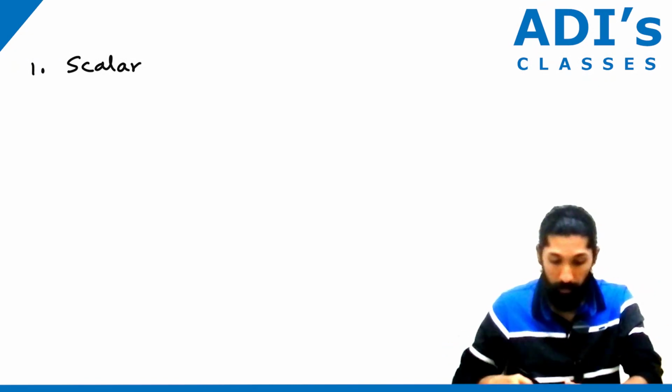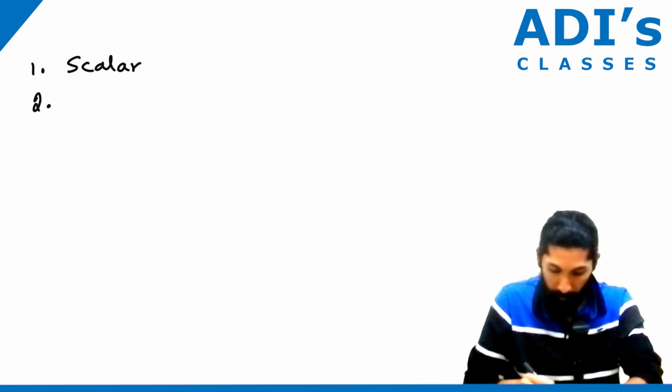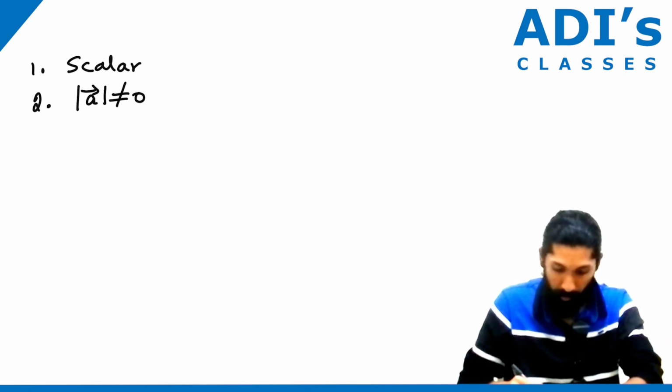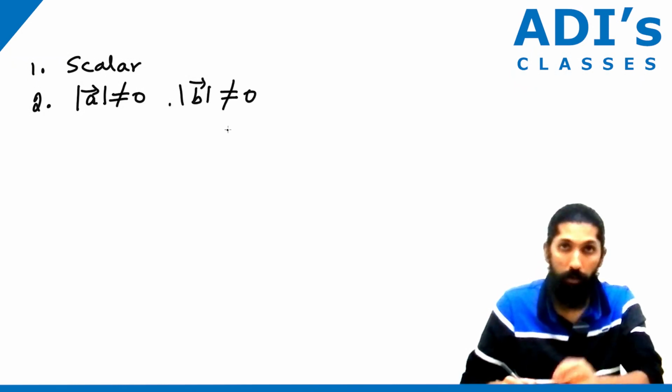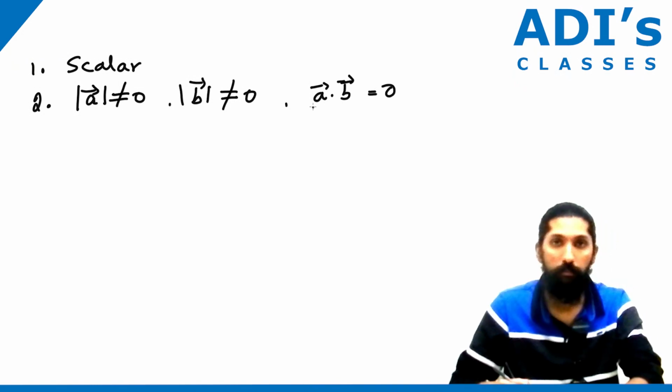The second one: suppose vector A is a non-zero quantity, or you can say mod of vector A is non-zero and mod of vector B is also non-zero, whereas vector A dot vector B is 0.